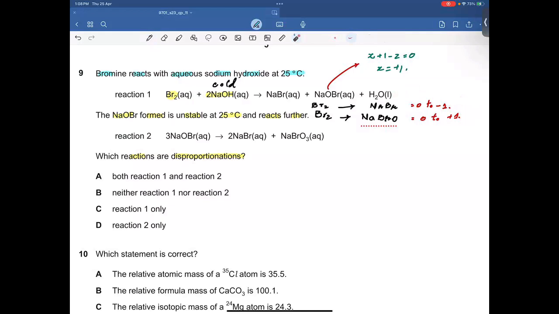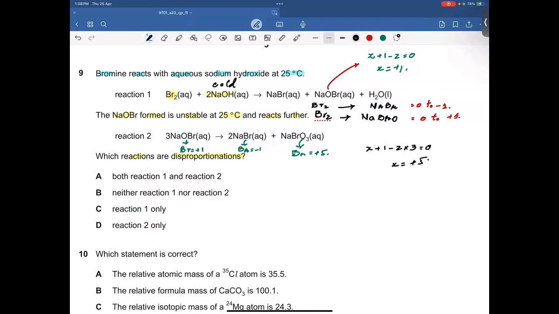Now in the second reaction, let's talk about what's going on here. In this compound, bromine has an oxidation state of +1. In this, bromine has an oxidation state of -1. In this, bromine has an oxidation state of +5. Let me give you the calculation for sodium bromate(V). Let's suppose bromine is X, sodium has a charge of +1, oxygen has a charge of -2, and we have 3 atoms. The compound is neutral, so the sum equals 0, and X equals +5.